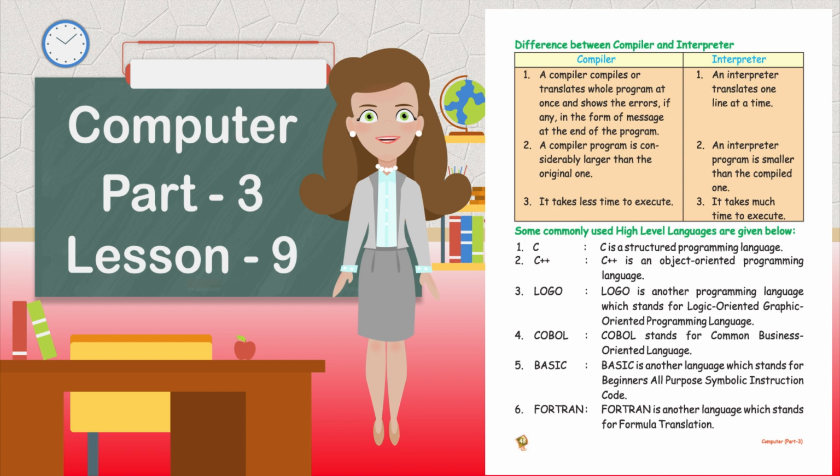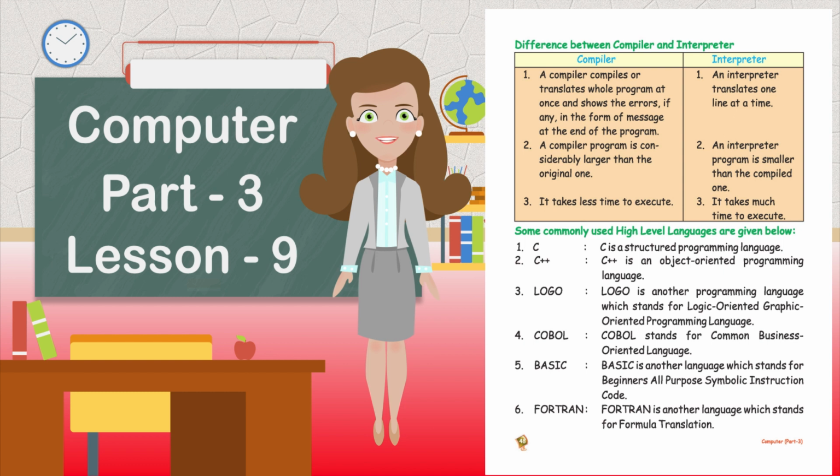Second, a compiler program is considerably larger than the original one. Interpreter. Second, an interpreter program is smaller than the compiled one. Compiler. Third, it takes less time to execute. Interpreter. Third, it takes much time to execute.